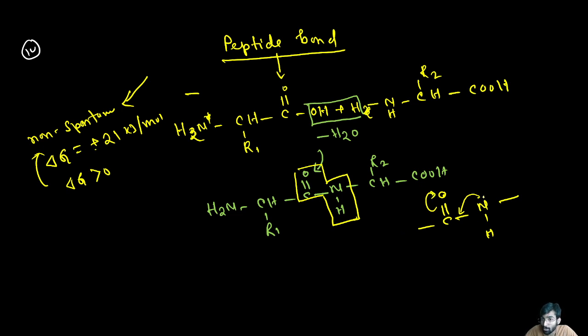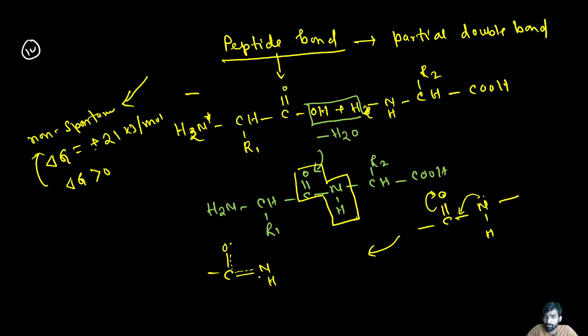The lone pair of electrons of nitrogen will come here and that double bond will go there, and then NH. So there are partial double bond characteristics in the peptide bond.